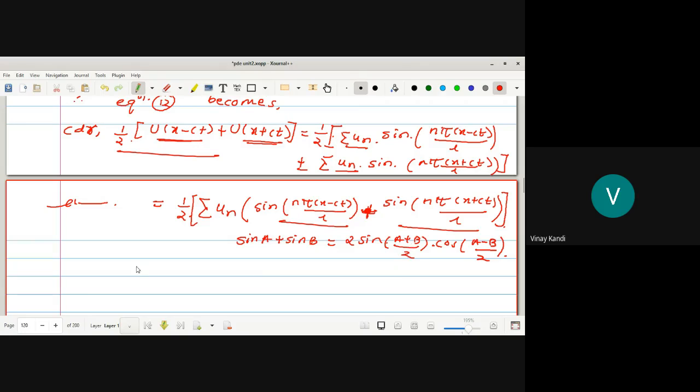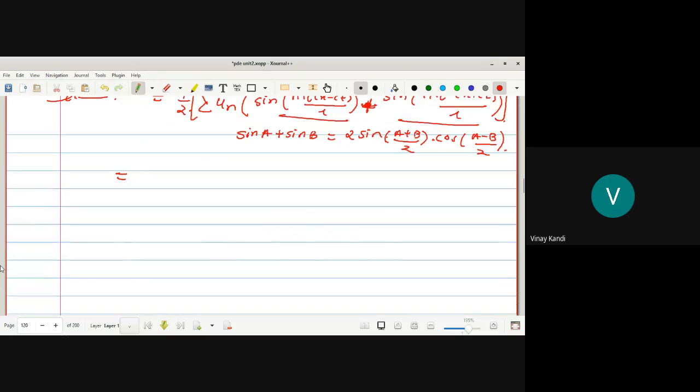So using this formula, the value is 1 upon 2, bracket summation n running from 1 to infinity u_n, bracket 2 sine of (A plus B) upon 2, that is sine of n pi x upon L, into cos of n pi ct divided by L.